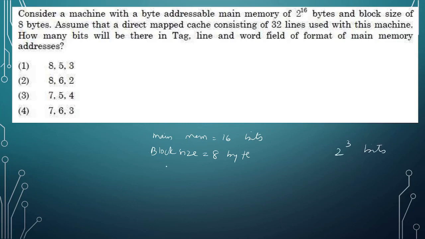And they have said that the direct mapping technique is used and 32 cache lines are used. For 32 cache lines, we need the number of bits used to represent the address within the cache. Because what we have done is brought a block of main memory to the cache line, right? So कौन सा block लाया, उसमें कौन से addresses है, वो सब बताने के लिए offsets use होता है.